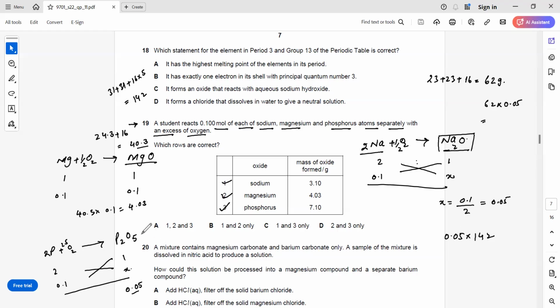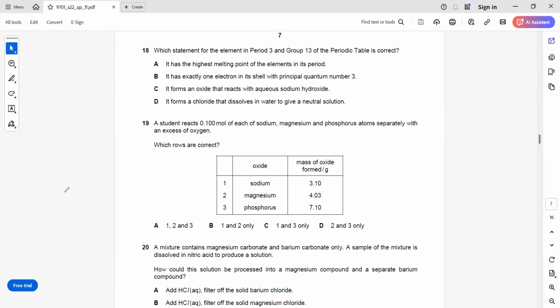Yes. So it means all of them, 1, 2, and 3, are correct. Clear? Okay, now let's see another question.